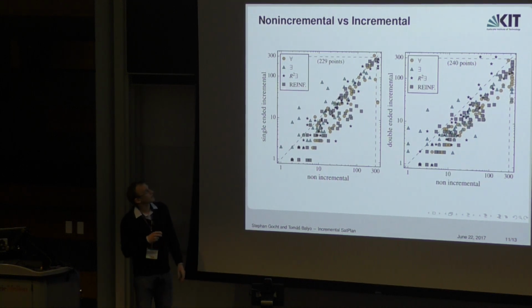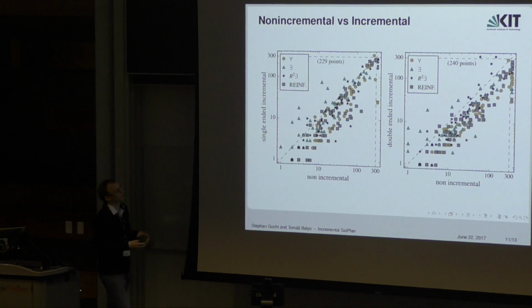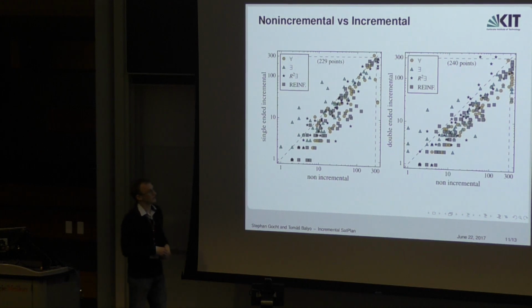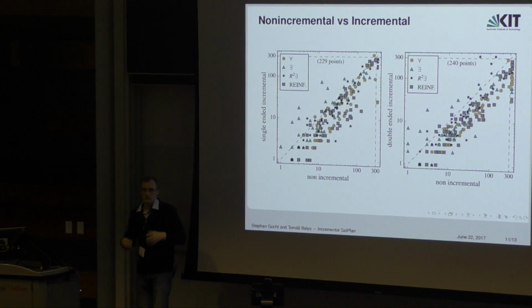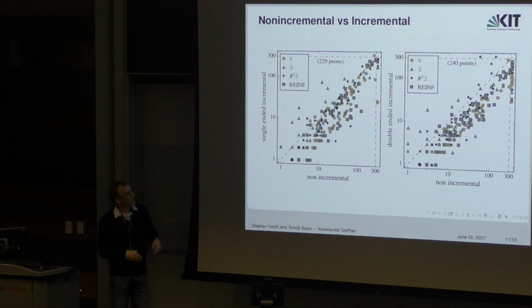And we can also see we have tried different encodings, and this effect shows on all of them. So all encodings profit from this incremental encoding. And if you now do the double-ended incremental encoding, or this bidirectional thing, then the speedup is even larger for a lot of instances, especially where we haven't seen a speedup before.